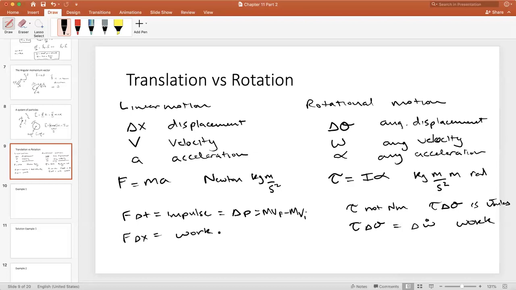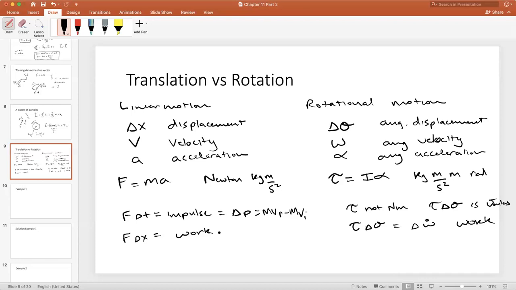So while it's somewhat okay to say that the torque is equal to the moment of inertia times the angular acceleration, that is the angular equivalent to F equals ma, it's not exactly true. Mostly because there's that pesky extra unit hanging on.